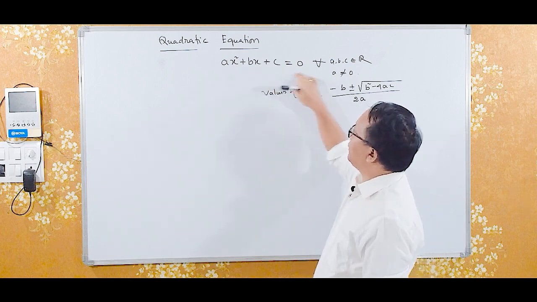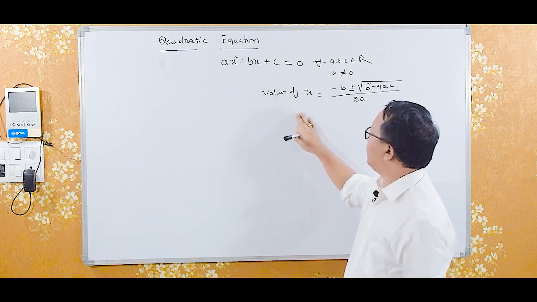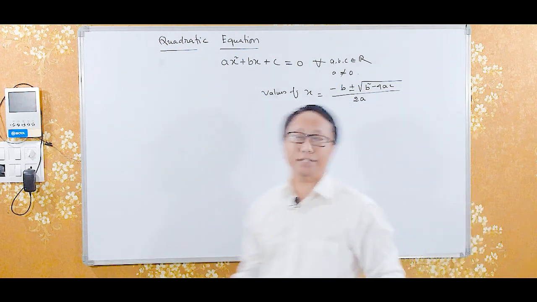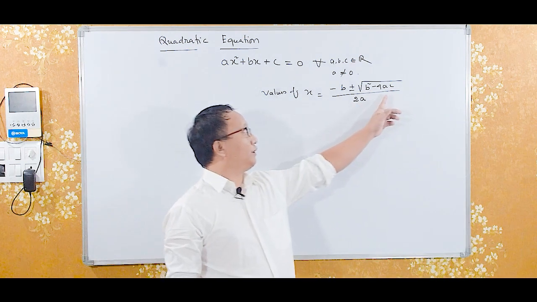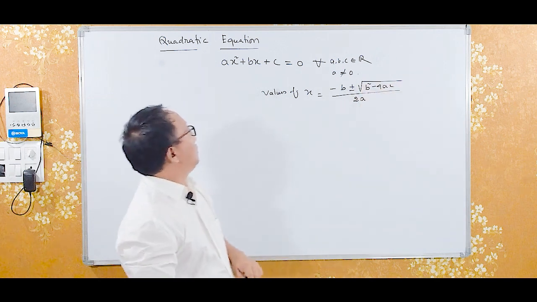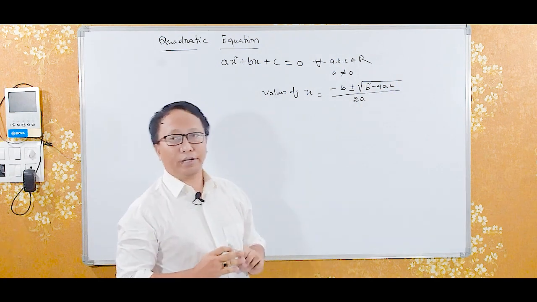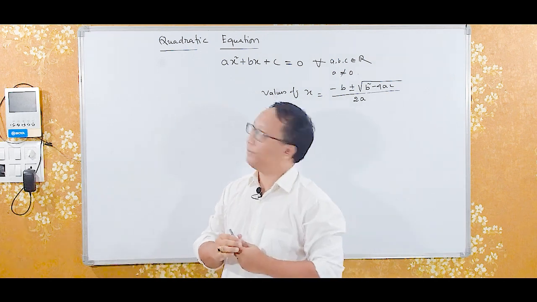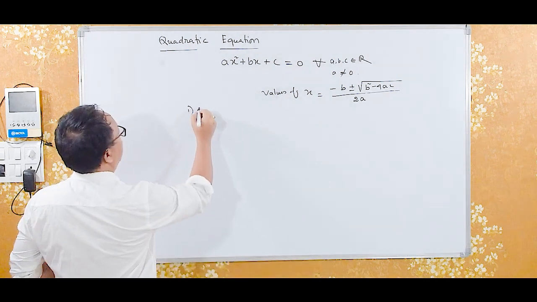So for these quadratic equations, the values of x equal minus b plus or minus the square root of b² minus 4ac, upon 2a. So how to solve quadratic equations? We have three ways to solve. First one is factorizing.